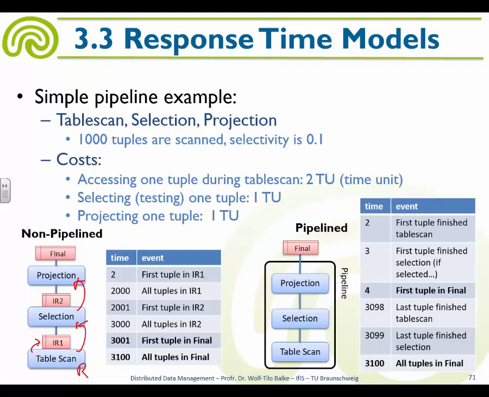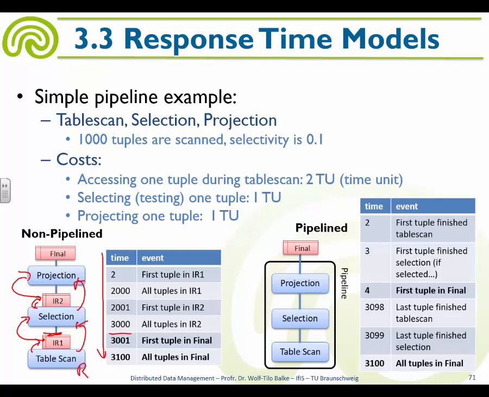Then at time 2000, if you look at the time table here, this is full, all tuples have been processed. So at time 2001, this whole thing goes into the select, and then it stays there for 1,000 steps until everything goes into that intermediate result. And then at time 3000, it goes into the projection, and so on, right? It's clear.